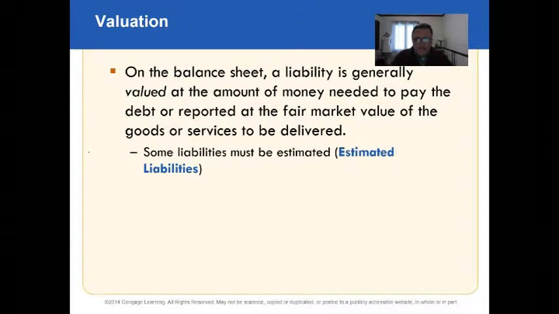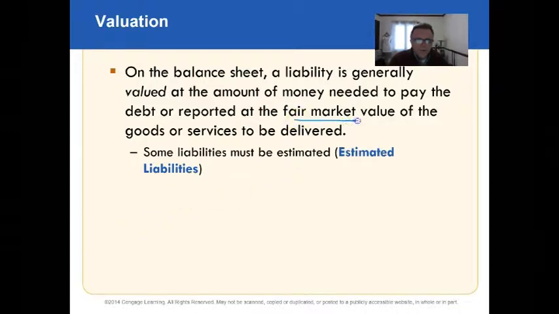Let's talk about valuation for just a moment. Some liabilities have to be estimated. You won't know exactly what that liability is until it happens. We're going to talk in just a minute about some examples on that, but it's called an estimated liability. And the liability is generally valued at the amount of money needed to pay the debt off to make it go away.